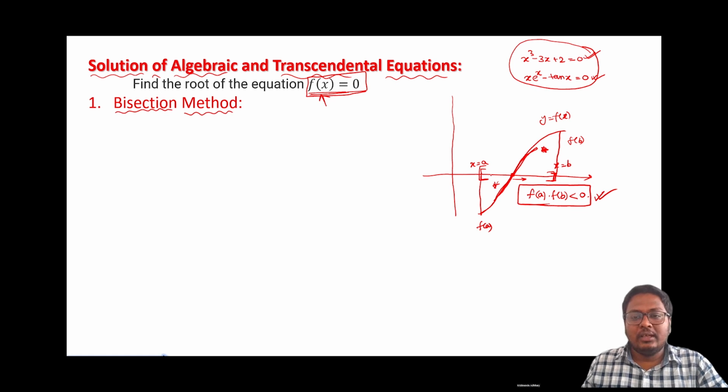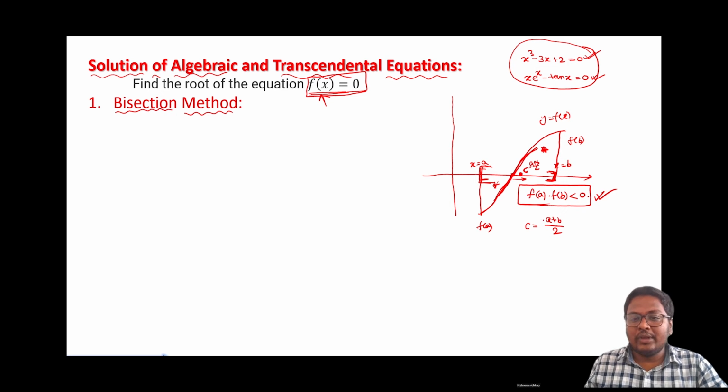Now, when we have got that interval a and b, what will we do? We will divide this interval: C is a point which is actually a plus b by 2.